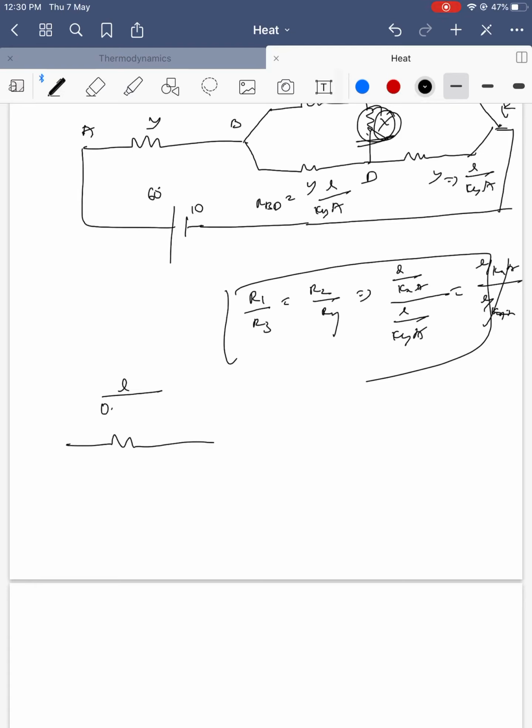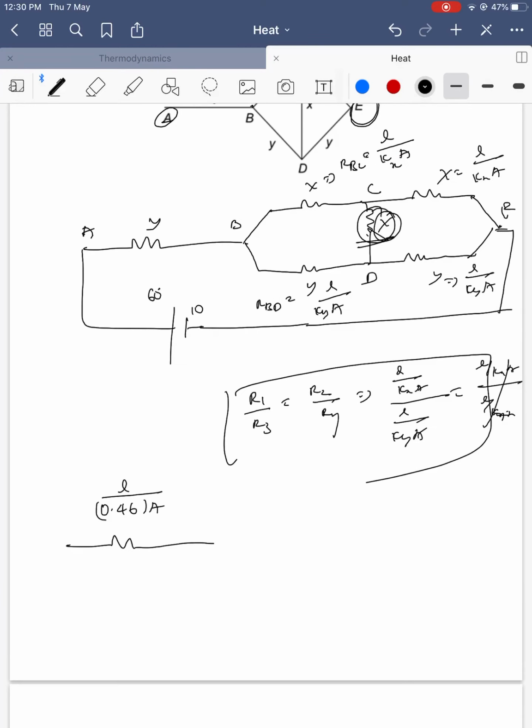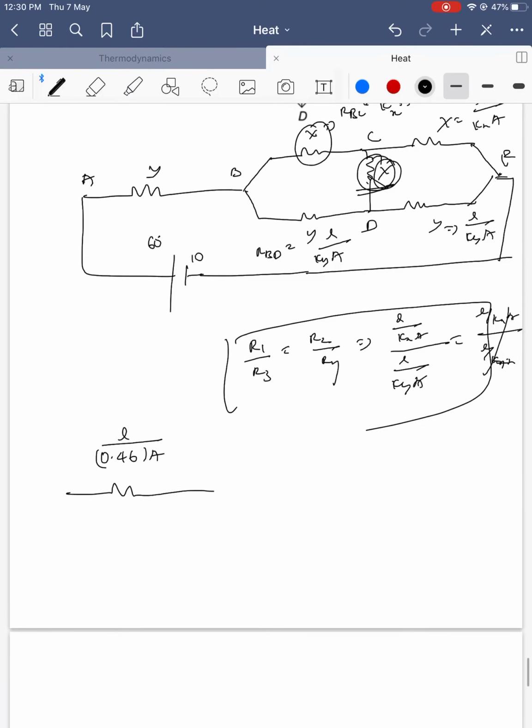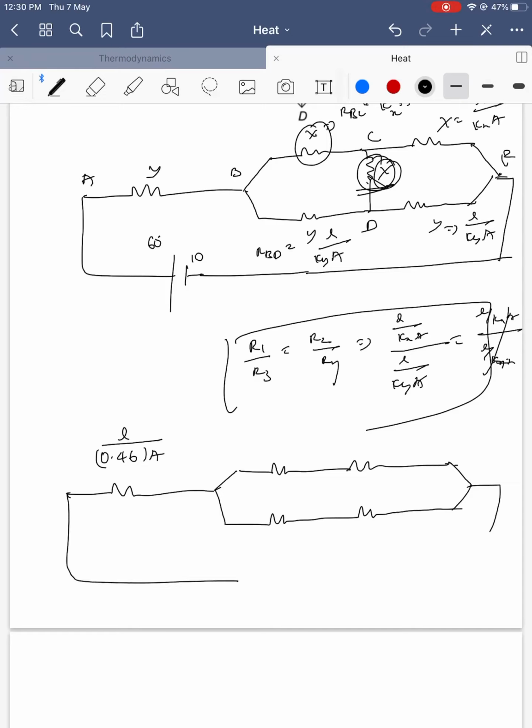If I write the equations, Ky is 0.46, so the resistance is L by 0.46 into A. I am not going to solve this problem completely. I am going to give you the explanation, and later on you have to do it. Here one end is 60 degrees Celsius, another is 10 degrees Celsius.